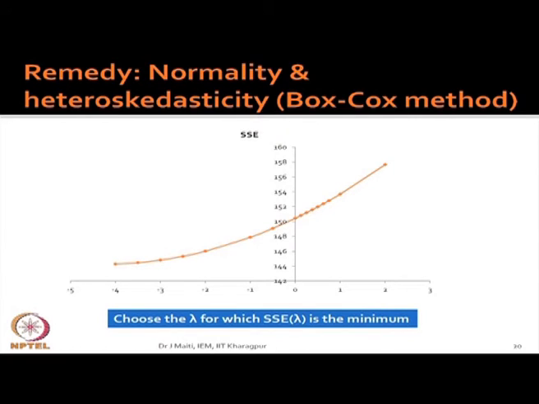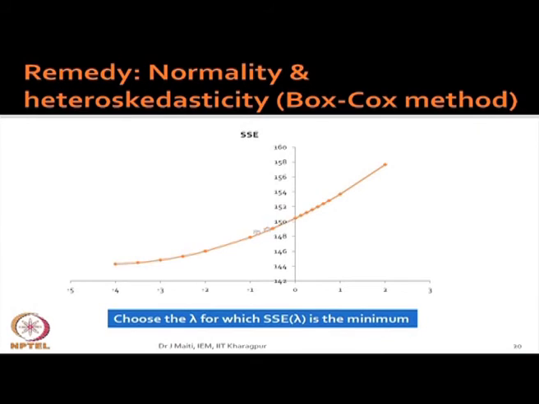And for our case, the example that we have seen was non-normal and heterogeneous, that is, there was a heteroscedasticity problem. Then I have seen that when we went for different values of lambda, that power transformation, at minus 4 this value is coming almost 144 point something, then 146, 148, increasing, but in this zone the increase is not much.